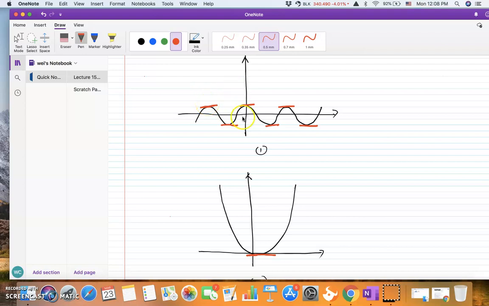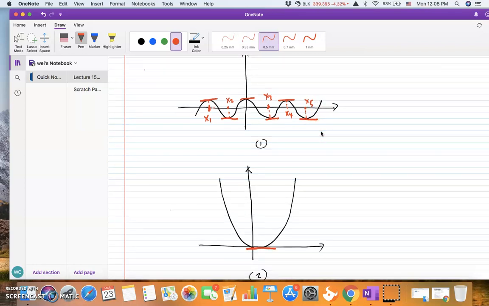So, for example, the derivative at this point x1 is 0. The derivative at this point x2 is 0. The derivative at x3 is 0. The derivative at x4 is 0. At x5 is 0.